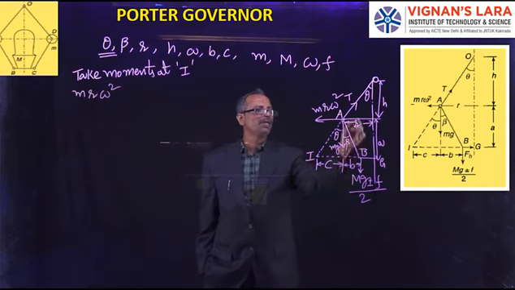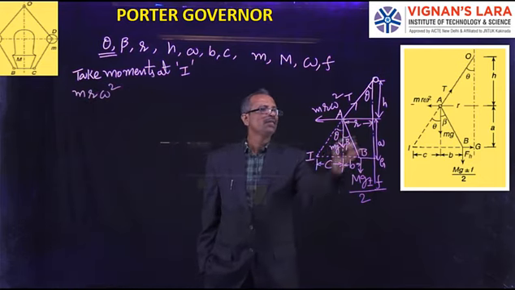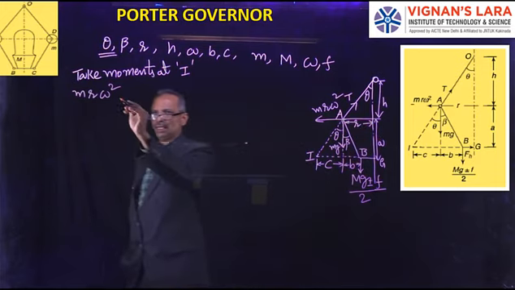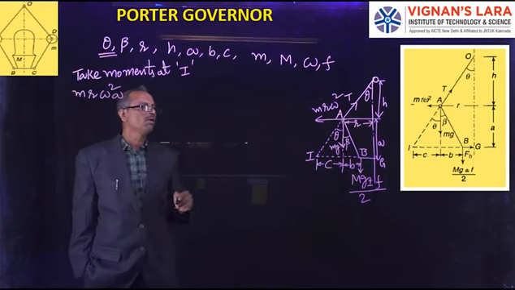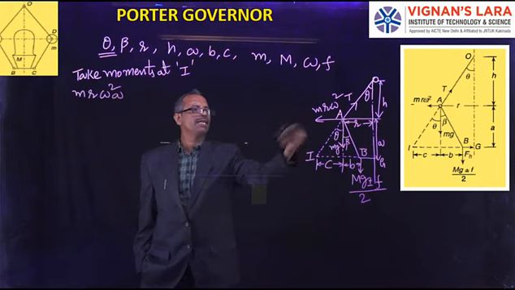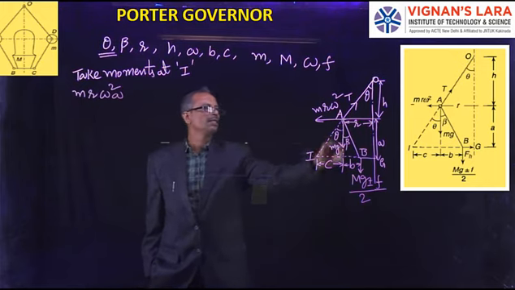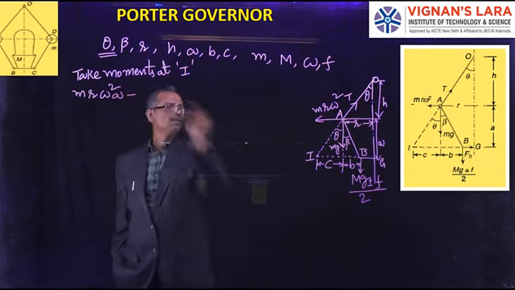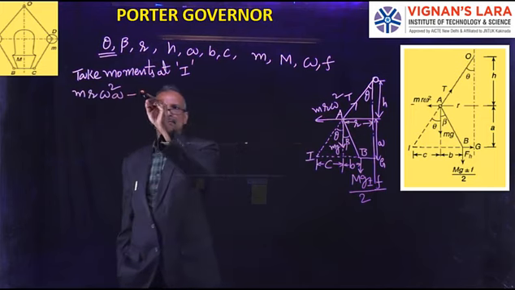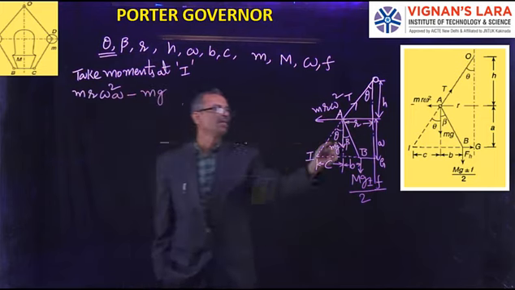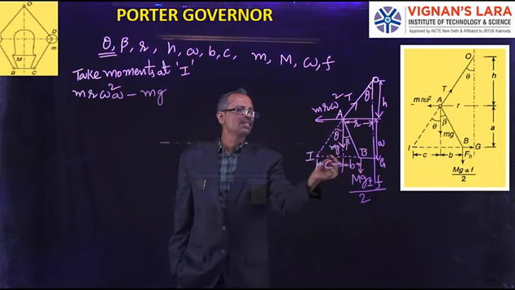What is the perpendicular distance? Here to here is A. If I take anti-clockwise as plus, then clockwise is minus: mg, the self weight, into this distance C.